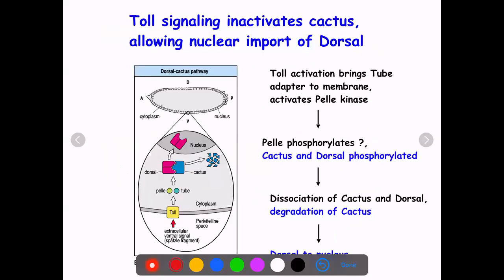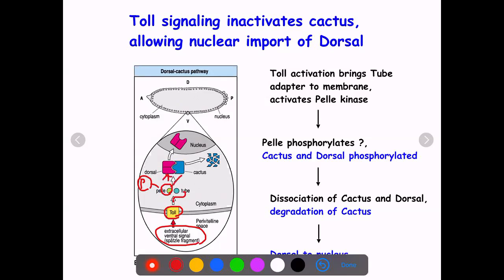Toll signaling inactivates cactus, so you will understand that. There's a ligand here, which we are going to talk about a little bit later, but the ligand will bind to Toll, and then Toll is activated. Then it will go through tube first, and then it will activate Pelle. So Pelle will be activated, and Pelle is the kinase.